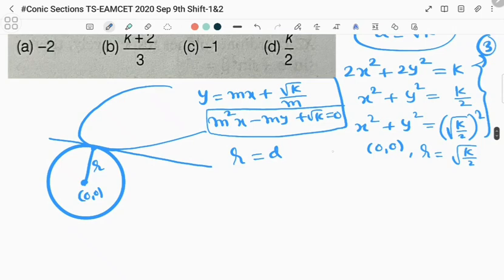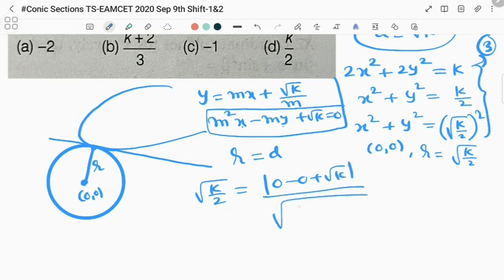This line touching the circle, r is equal to root k by 2. d means perpendicular distance from center 0, 0. So in place of x comma y put 0, 0, plus root k, divided by the square root of (x coefficient whole square, m square, whole square) plus (y coefficient whole square, minus m, whole square).